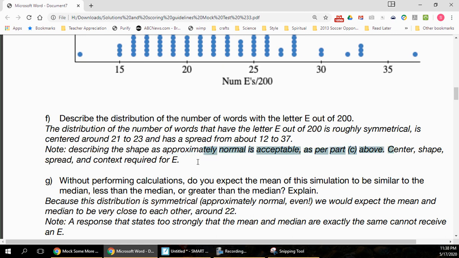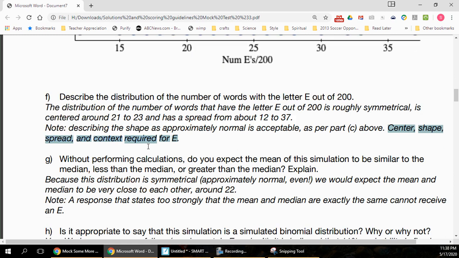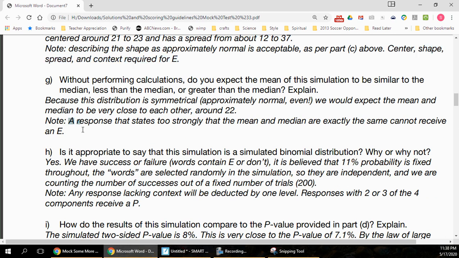And it says center, shape, spread, and context required for an E. I think you should also address outliers or potential outliers to be safe. Note on part G, they said if the response too strongly said the mean and the median are exactly the same, you can't get an E. So you need to be cautious about that. We don't think they're the same. We think they're close to the same. And again, if you want to read this, just pause the video and you can read it.